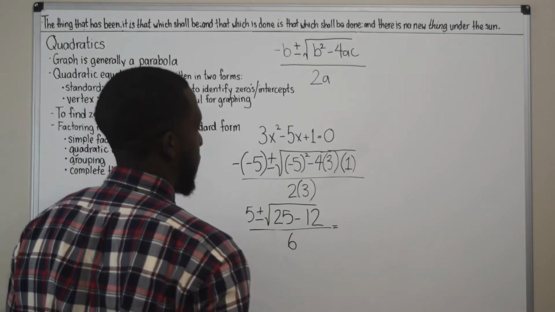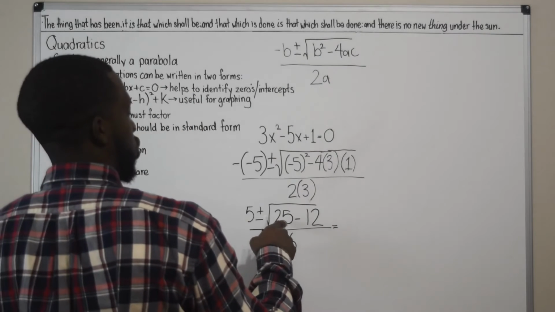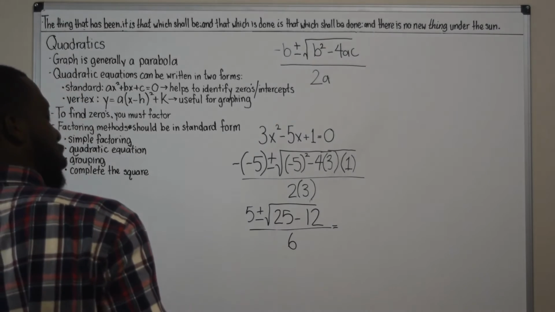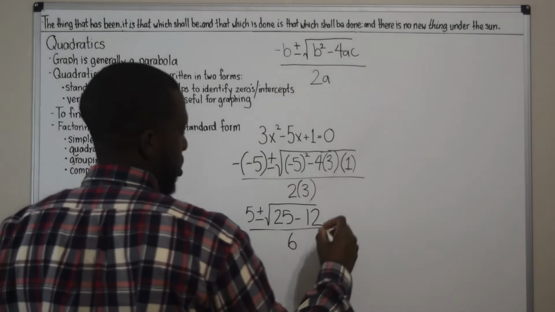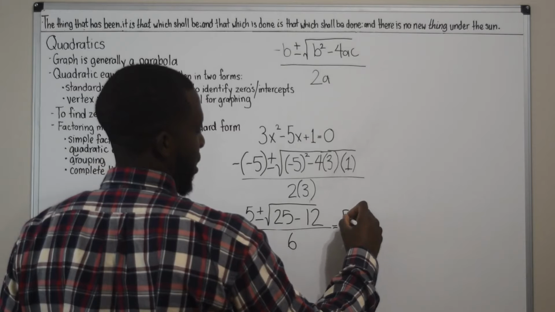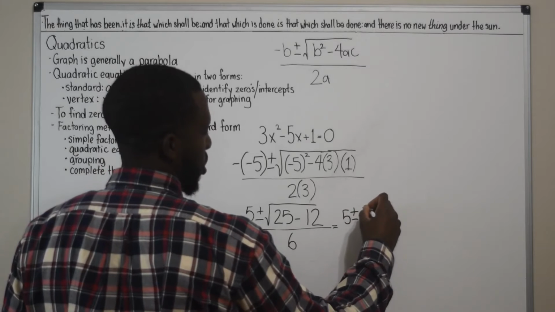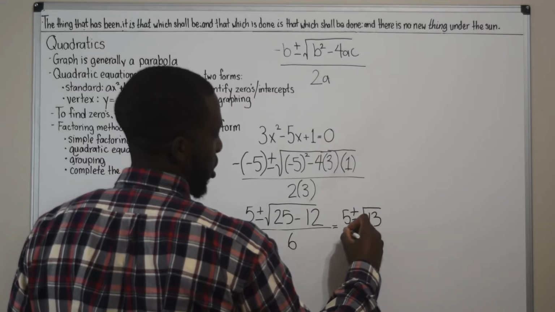Now we have 25 minus 12 is 13. So we have 5 plus or minus the square root of 13 over 6.